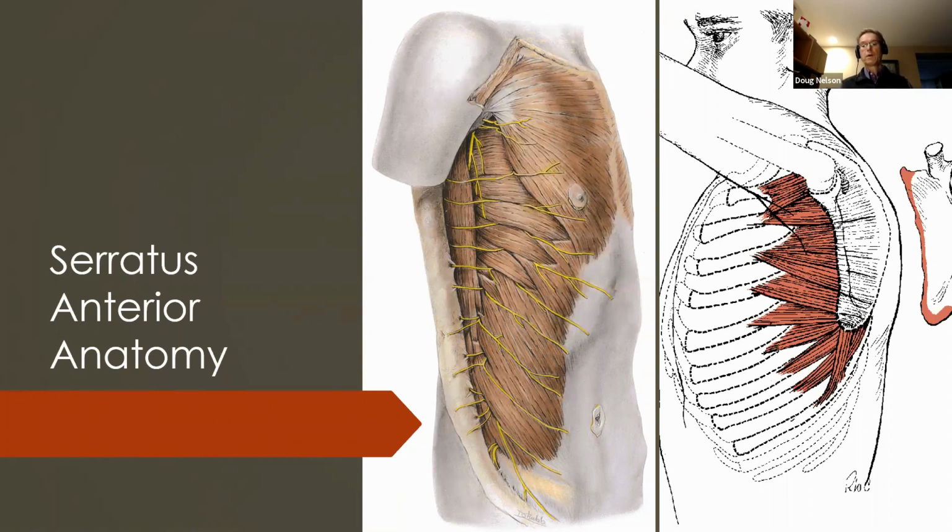But when we talk about stabilization, it's that Goldilocks principle, where to stabilize something is great, to immobilize something maybe not so great. So we'll look at both ends of the spectrum: what's revealed when the serratus is too weak, what's revealed when the serratus is too restricted, and also how to treat it.